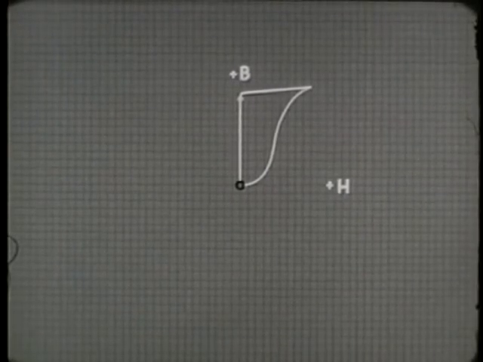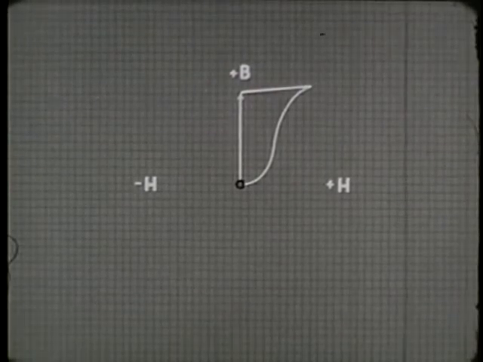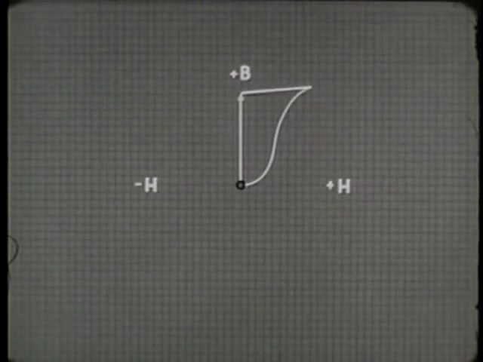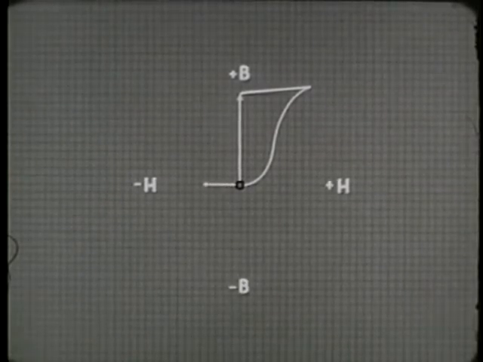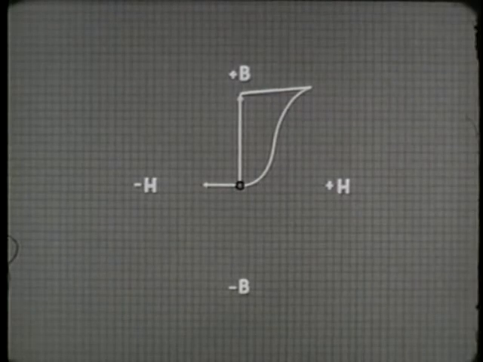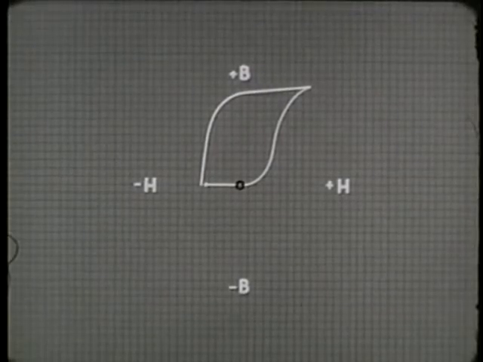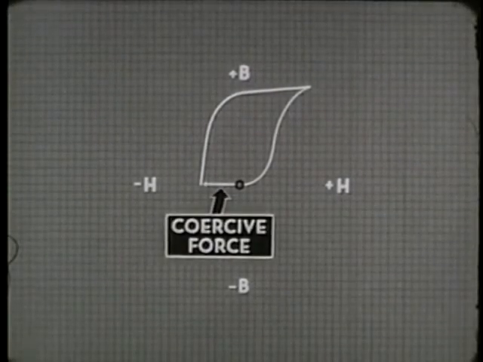With dot current, we're applying a negative magnetizing force represented by minus H. Negative flux density is symbolized by minus B. We need a certain amount of negative magnetizing force to overcome the existing positive residual magnetism in the core. The amount needed is called the coercive force.